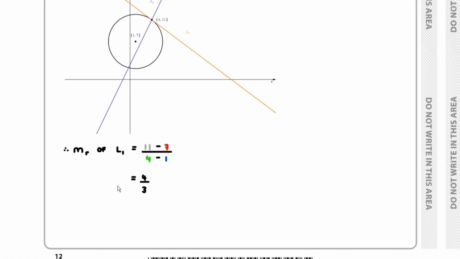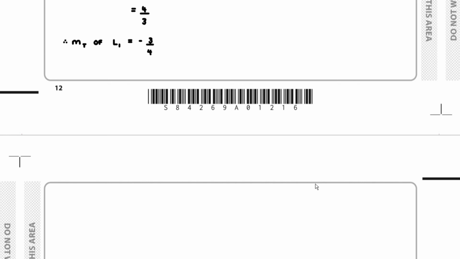Meaning the gradient of the tangent L1 is equal to the negative reciprocal of 4/3, which is negative 3 over 4. And knowing that L1 passes through 4, 11, we can state that L1 has equation y subtract 11 equals negative 3 over 4 multiplied by (x subtract 4). If I expand the brackets and simplify, we have y equals negative 3/4 x plus 14.